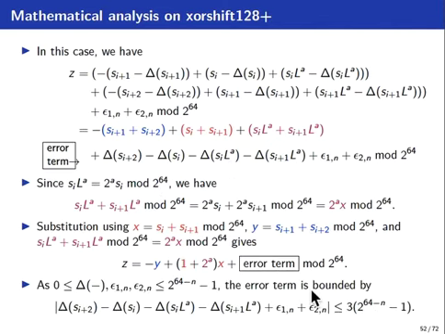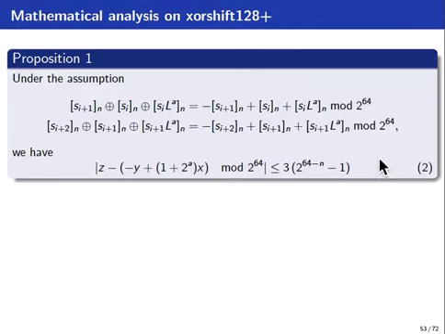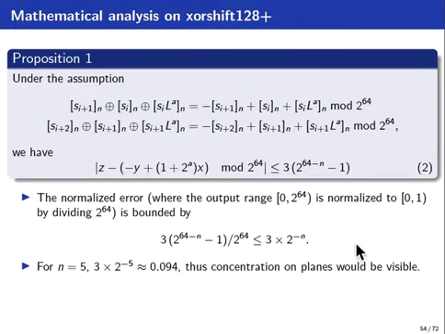Since these terms are all non-negative and bounded, and there are 3 minus signs and 3 plus signs, the total error is bounded by this. We obtained this proposition. After normalization, this error is small, say for n equals 5.